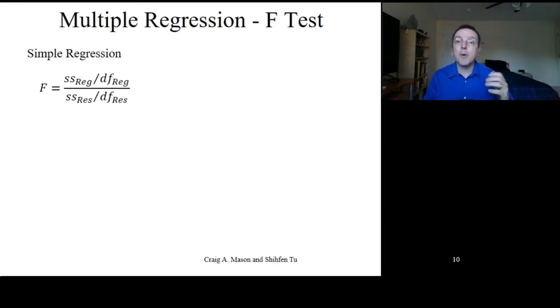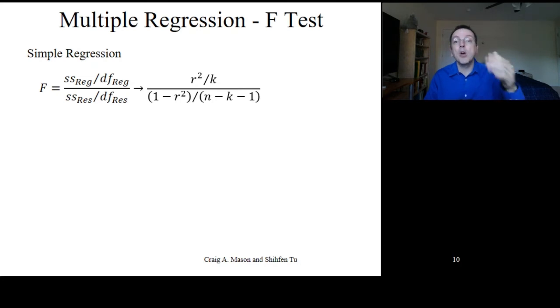Also in simple regression, we saw that the F statistic was equal to the sum of squares regression divided by the degrees of freedom regression over the sum of squares residual divided by the degrees of freedom residual. We saw that this could also be expressed as the R squared divided by K, the number of predictor variables, over 1 minus R squared divided by N minus K minus 1.